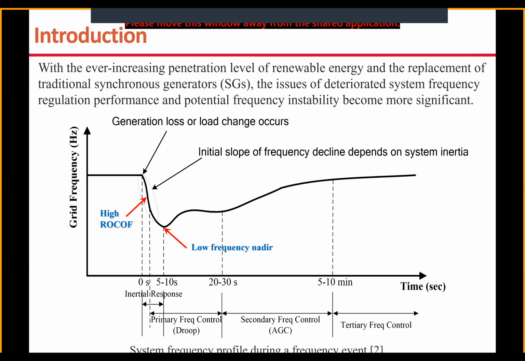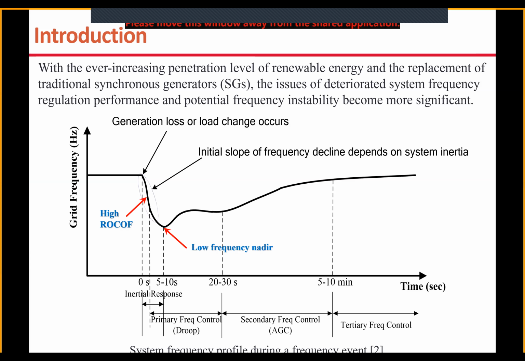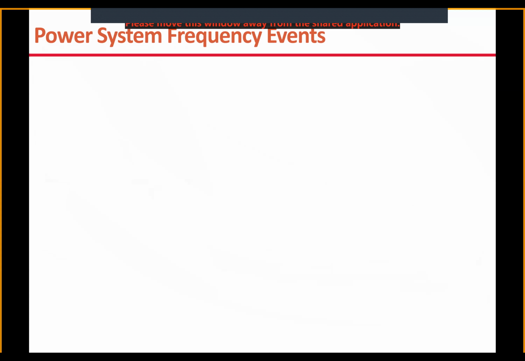And also we have a low frequency nadir, and this can trip the low frequency load shedding relay in the power system, right? So how do we control this roll-off and nadir with high penetration of renewable energy? That's one research topic we are interested in, okay?